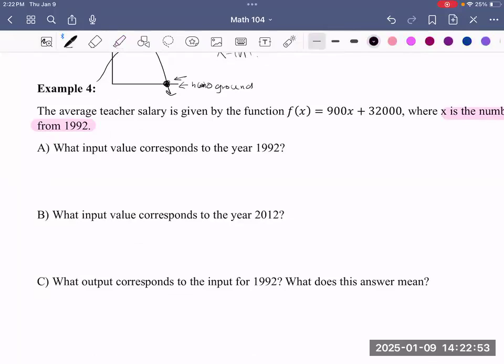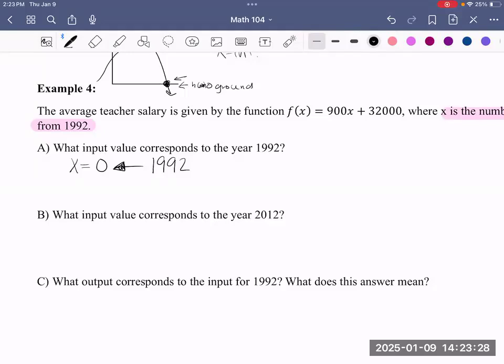That is just saying x is equal to what when it is 1992. So we're starting this data initially in the year 1992, but we're not using 1992 for your x value. Instead, we're using your x value as if it hasn't occurred yet, meaning that your x value is going to be 0. So when we see the year 1992, we're going to enter in a 0 into your equation.